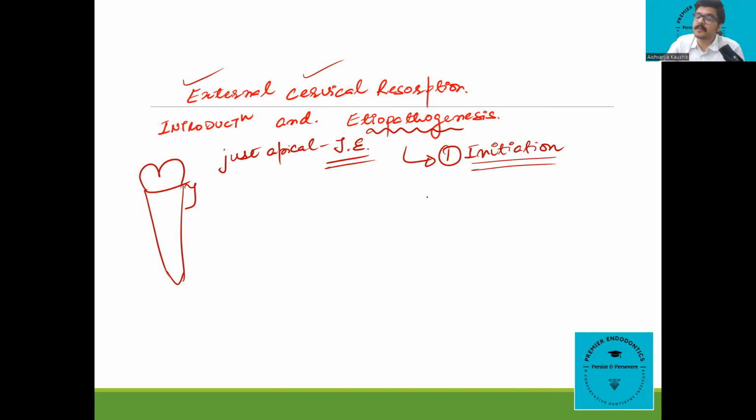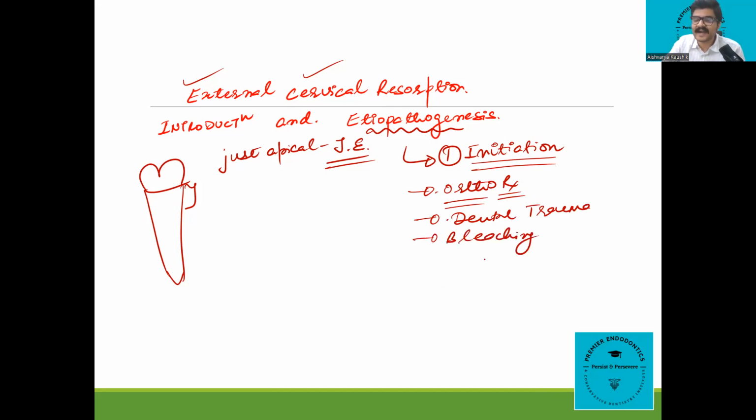What is the initiation? Most common initiating factor is the orthodontic treatment. The pressure due to sustained orthodontic treatment. Second most important, dental trauma. Third most important, bleaching of teeth. Right? These are the 3 most important initiating factors.